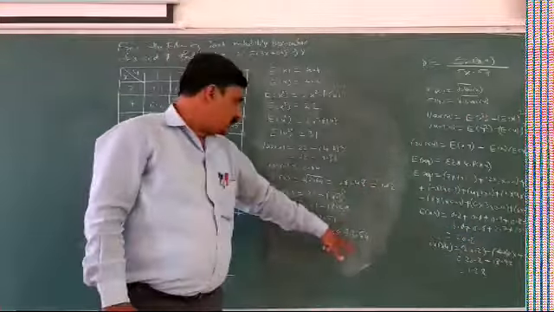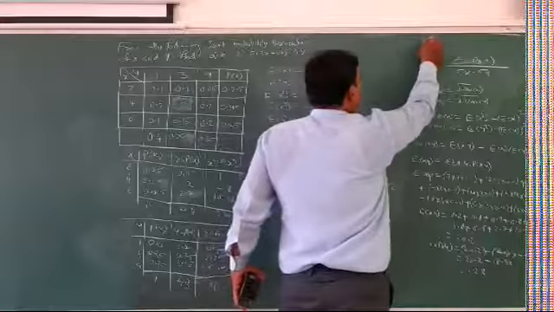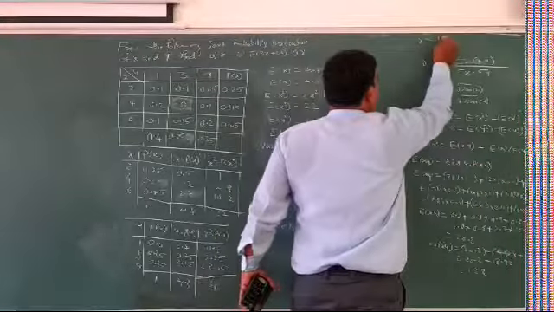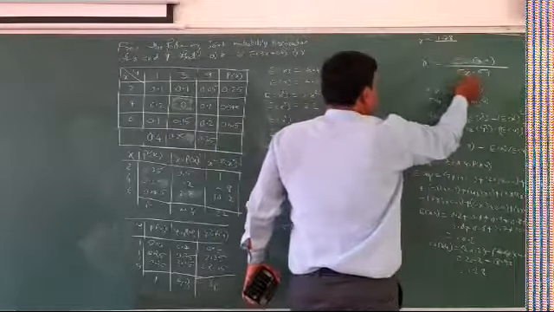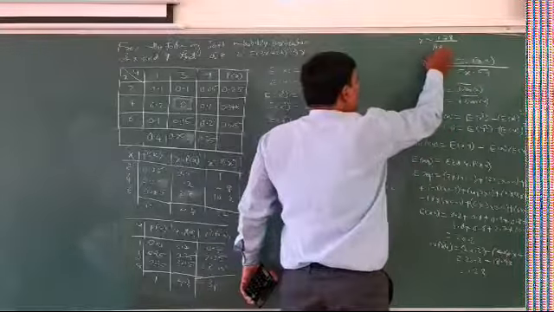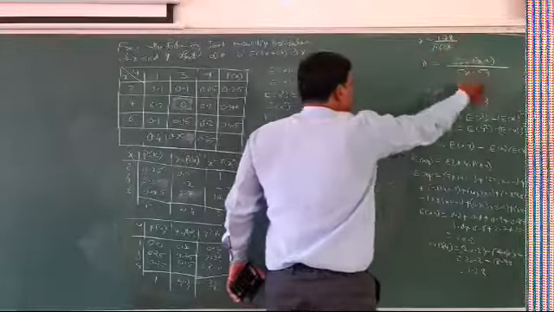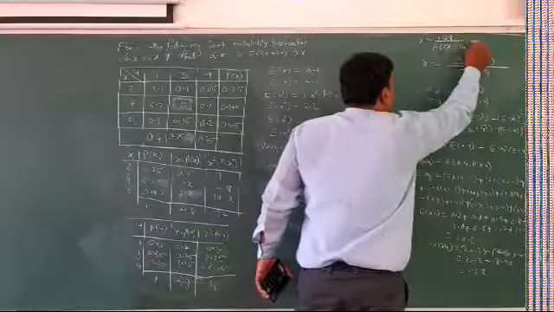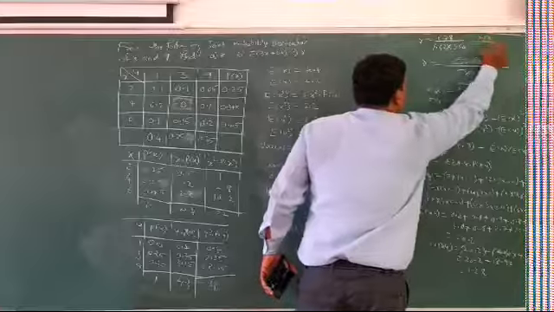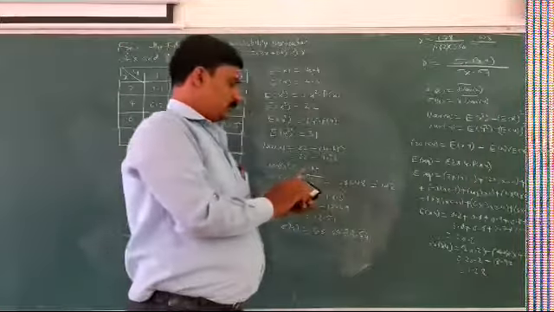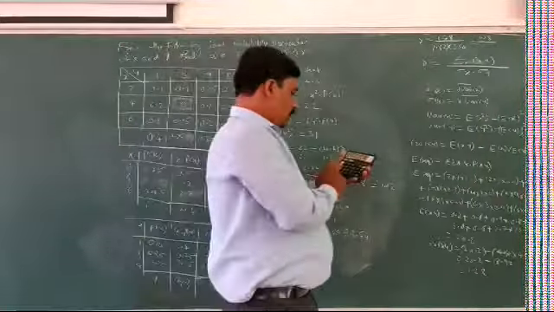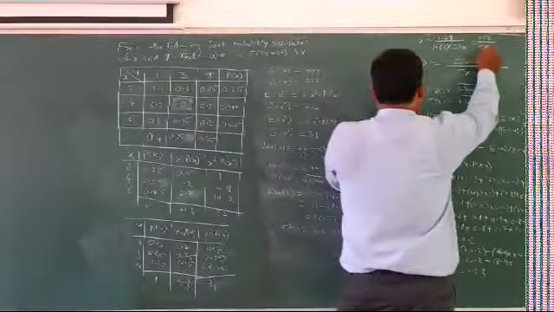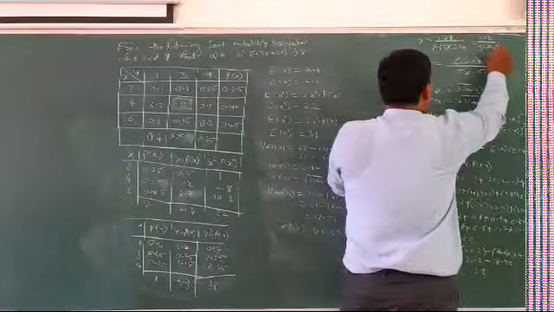So r is equal to covariance of xy, 1.28, divided by sigma x, 1.62, into sigma y, 3.54. That is 1.28 divided by 1.62 into 3.54, which is 5.7348.